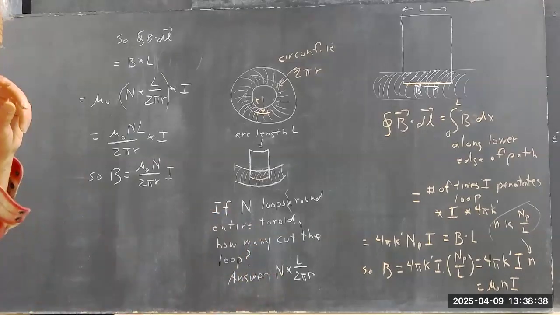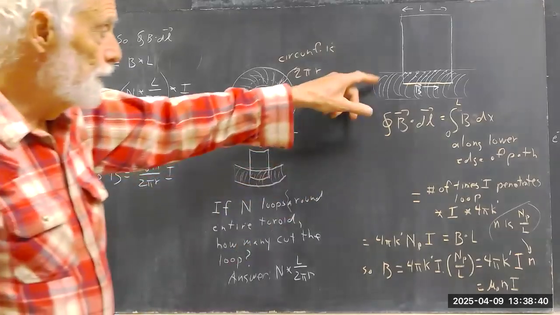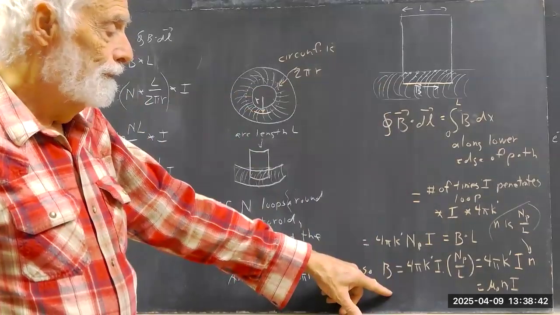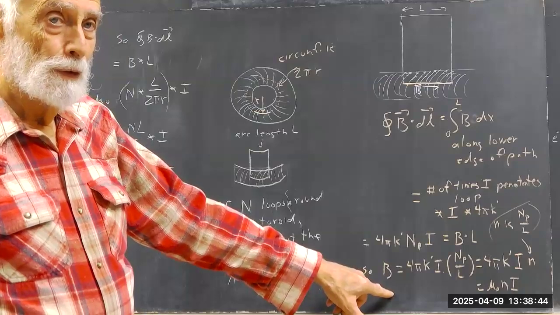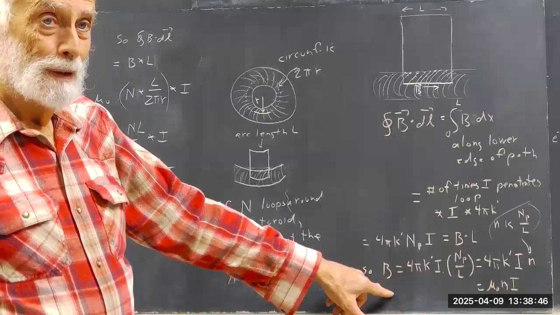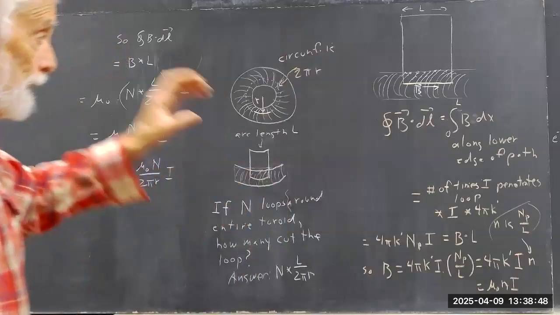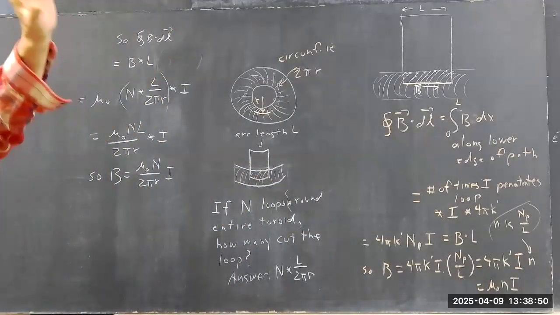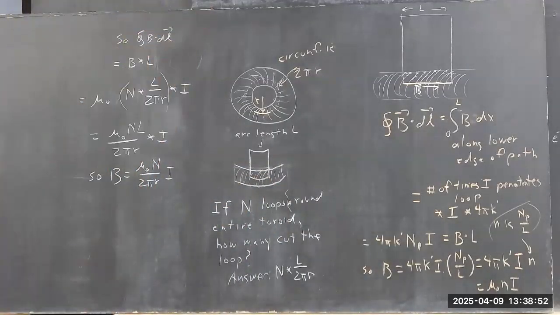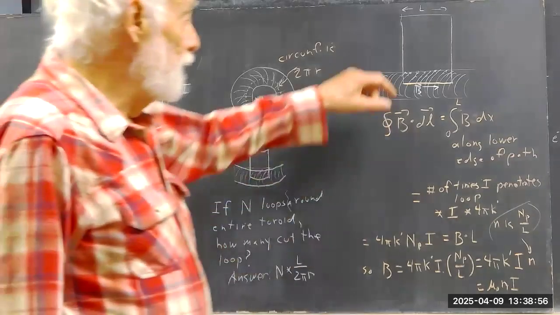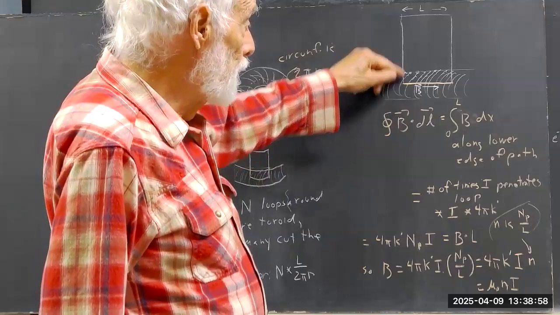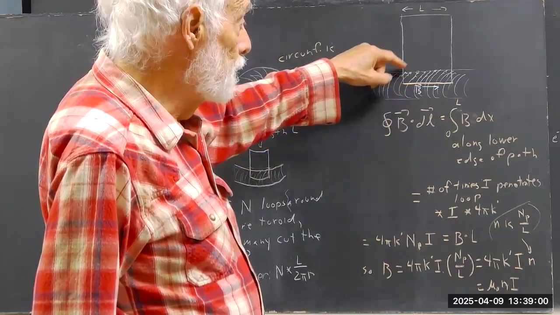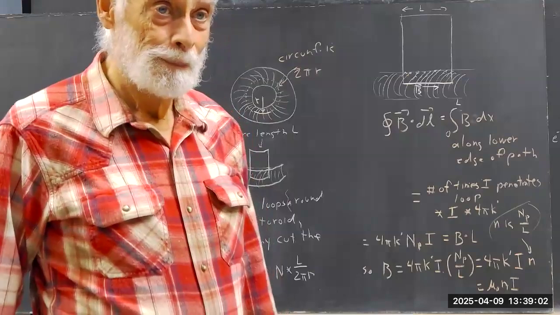The point is that this is constant through the toroid, right? It's a constant magnetic field within the solenoid, okay? As in this case, it doesn't matter how deep this thing is in the solenoid, it's still cut by this number of loops, okay?